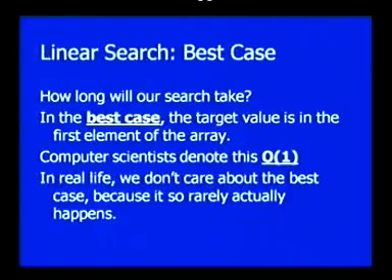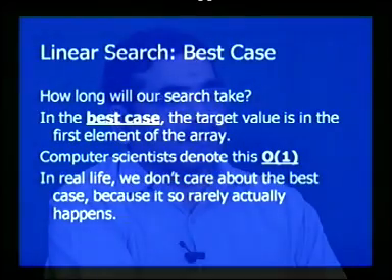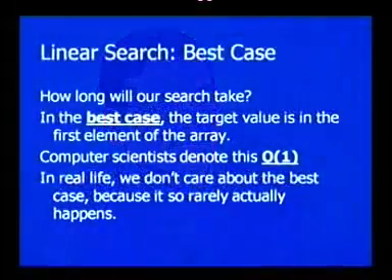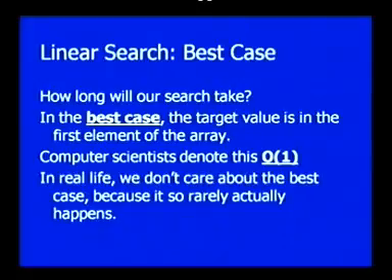For a linear search, the best case analysis will be order of 1. Just imagine, I am searching for an element minus 86. Suppose the array happens to have minus 86 in the beginning of the array itself, then using only one comparison I can find the result. So, the best case analysis of linear search is going to be order of 1.